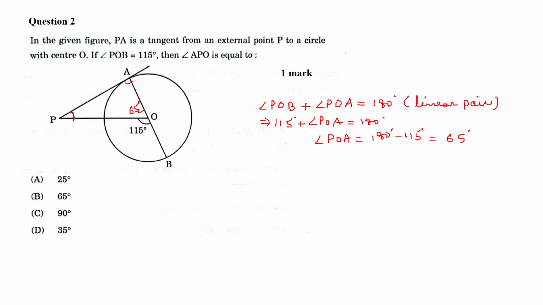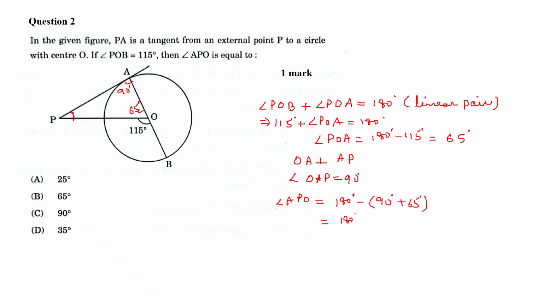Now OA is the radius, and radius is perpendicular to the tangent, isn't it? So angle OAP is 90 degree. Using angle sum property, angle APO is equal to 180 degree minus the sum of the remaining two angles, which is 90 degree plus 65 degree.